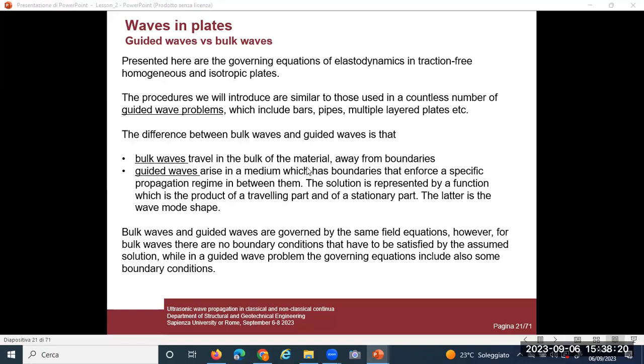And in this case, the solution is represented by a function which is the product of a traveling part and of a stationary part. The stationary part is called wave mode shape. So, as I told you this morning, we have a regime which is something in between structural modes and wave propagation.